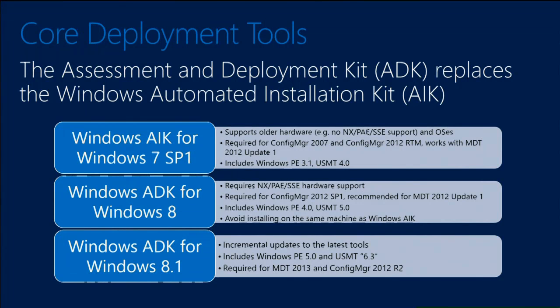So they won't work with any previous versions regardless of what OS you're trying to deploy with the new version of MDT and Config Manager. They basically have made a statement that we're just going to test and support those new releases with the newest ADK, but we'll still be able to deploy Windows 7, Windows 8, and Windows 8.1 using the latest ADK and the latest MDT or Config Manager.